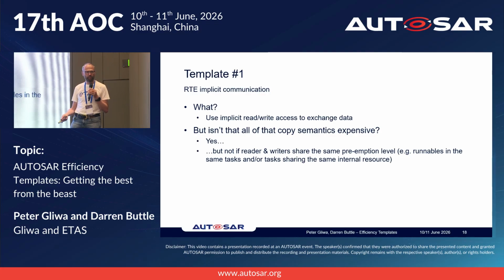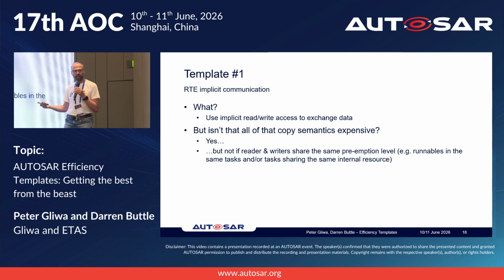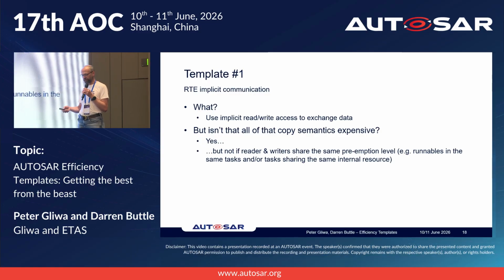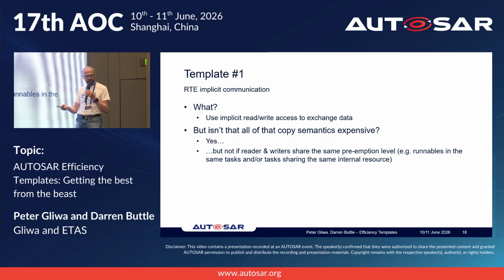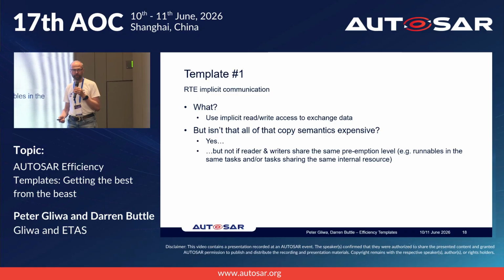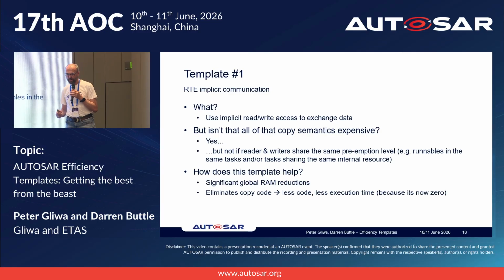You can just read and write global variables. There's a whole set of algorithms inside that get reflected in the implicit communication semantics of the RTE, called state-based message semantics. This allows you to get efficient communication using the minimum amount of data copies and without using an official communication mechanism.